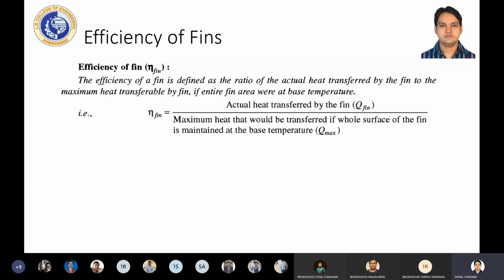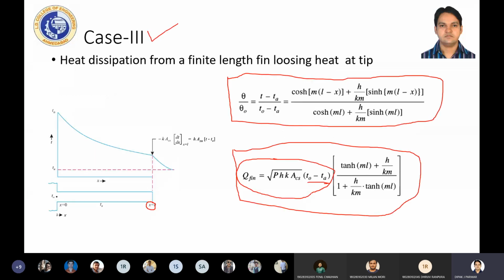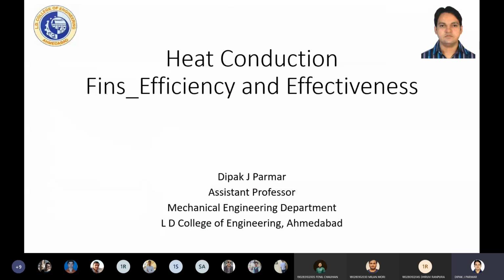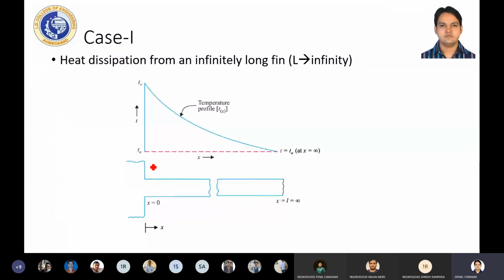So the definition says that it is the actual heat transfer by the fin divided by the maximum possible heat transfer by the fin. Now as we have seen in the first case, the infinitely long fin, the base temperature is here, whatever is your object temperature. When you go in the x direction, meaning the length direction, the temperature of the fin will not be equal to the base temperature.